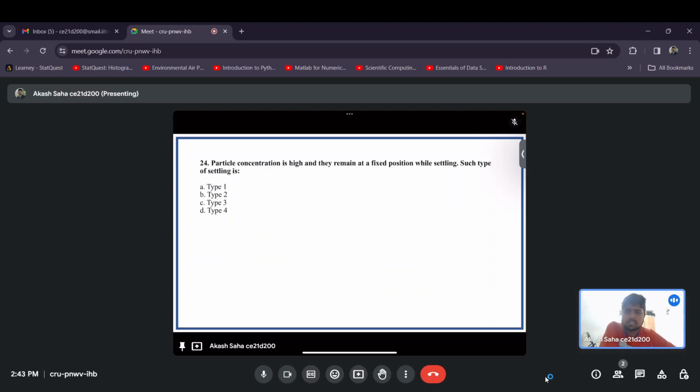The particle concentration is high and they remain at a fixed position while settling. So such type of settling is called what? Here we are talking about high particle concentration, and also they are remaining in fixed position while settling, like with respect to each other, the relative positions are the same. What kind of settling is this?